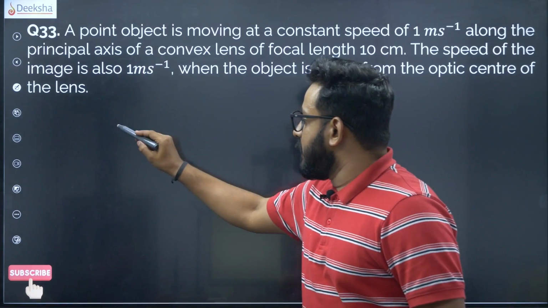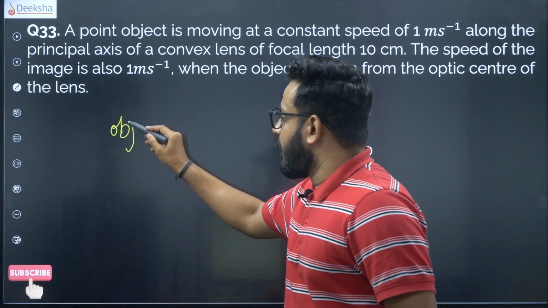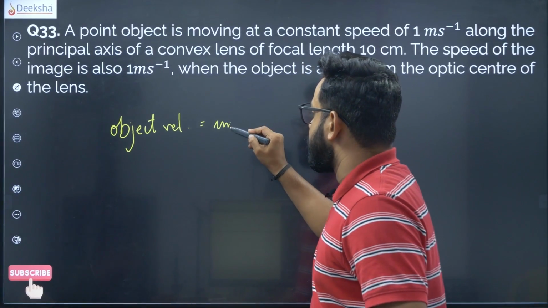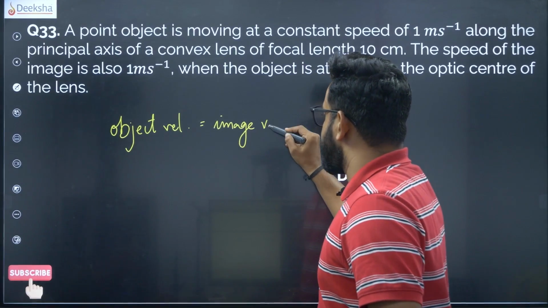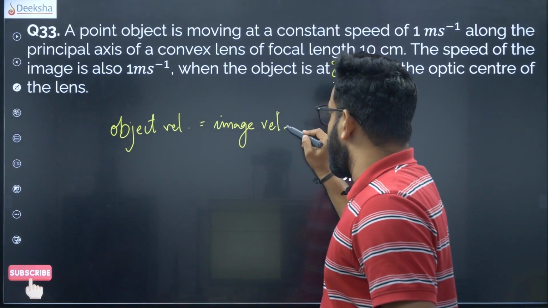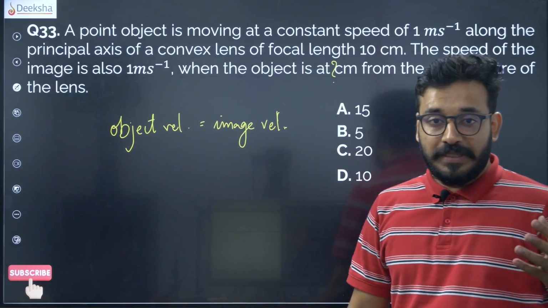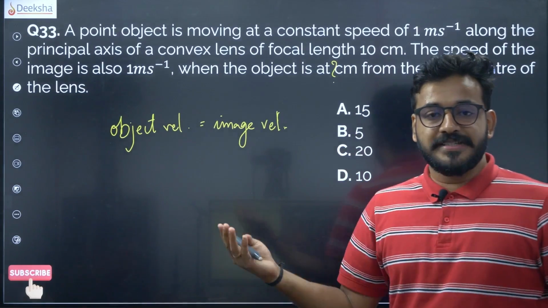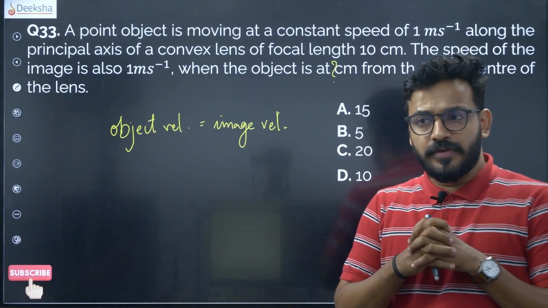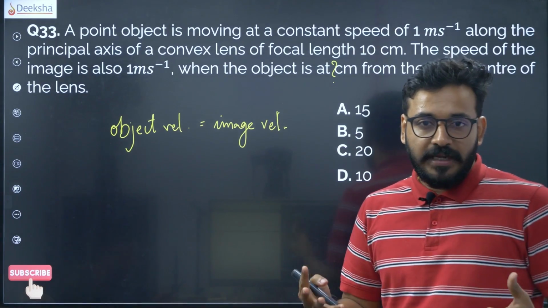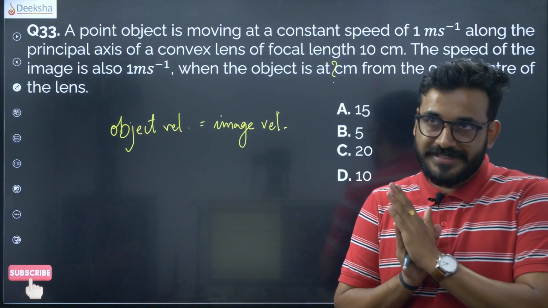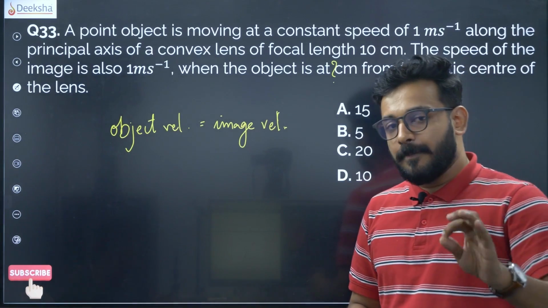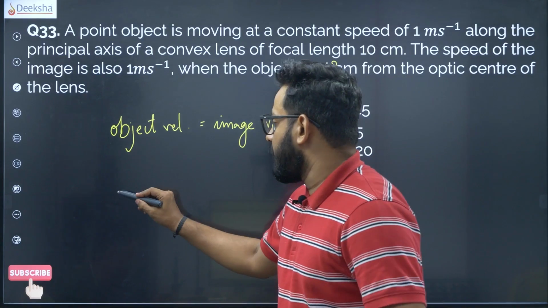First of all, the object velocity is equal to image velocity. Now this formula, I don't know how many of you are aware of, the velocity of object and image when they are moving. I don't know if it is still considered because it's not there in the PU portion, so I highly doubt this question might repeat, but still, let me give you this formula. It's very important.